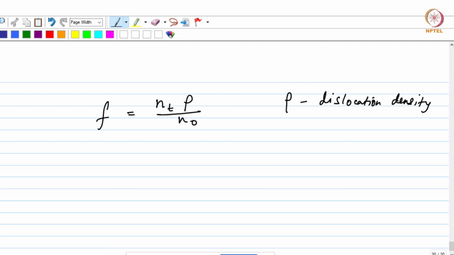So as I said, that is nothing but NT multiplied by the dislocation density rho divided by N0. And if you substitute NT over here, this will give you this particular expression for the fraction.